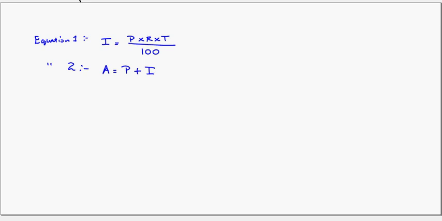Okay? What you may be asking yourself is what all of these things mean, right? And these things mean the following. I is the interest. P is the principal. R is the rate, percent per annum.